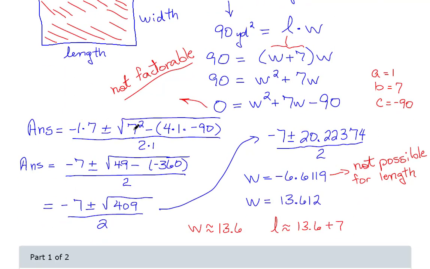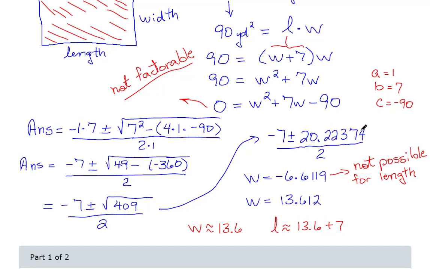Okay, here's B squared minus 4 times A times C. Okay. 7 squared is 49. 4 times minus 90 is a minus 360. So I'm really adding here. 49 minus a minus is a plus, and I get 409. Alright, well, that's not a square root that I know, so I take the square root.